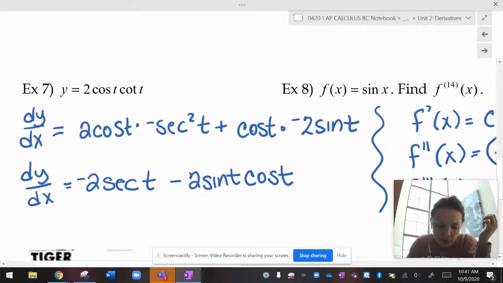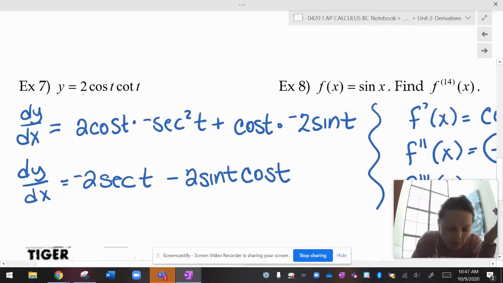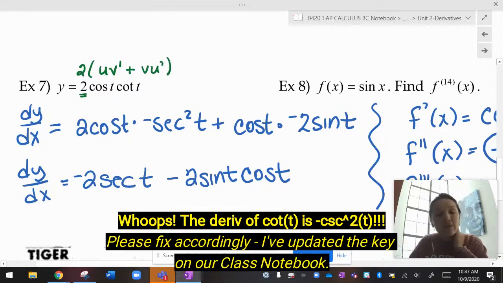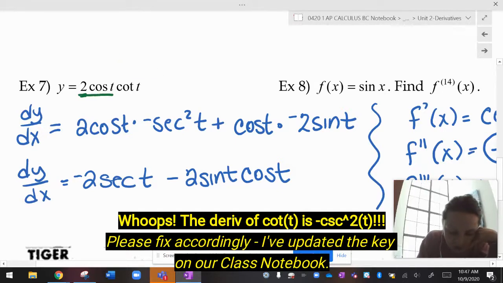Then I come down here to number 7. I wanted to talk about this one. We have this lead coefficient out in front, and you kind of have 2 options here. I have 2 times cosine times cotan. So I could do this as 2 times the product rule and then distribute the 2 later. I can also do it the way that I have it written out right now, where in my head, when I do the product rule, I think of 2 cosine as the first part of the product and cotan as the second part of the product.